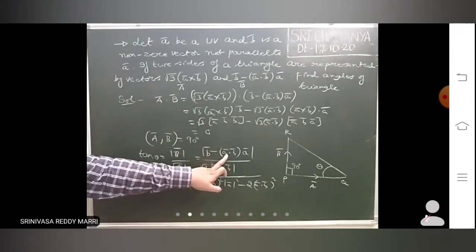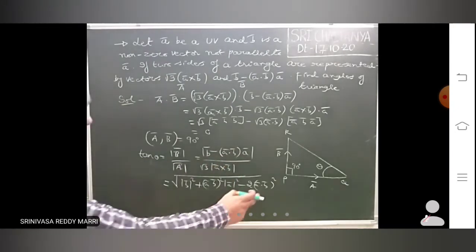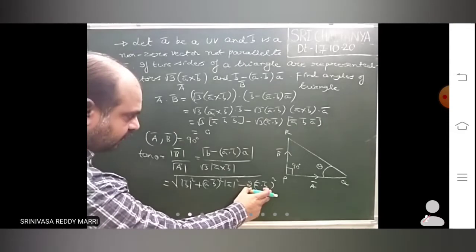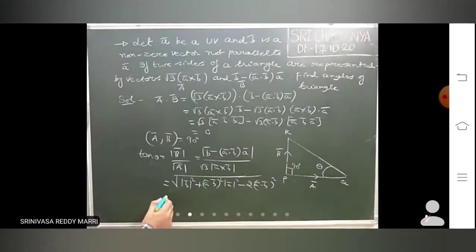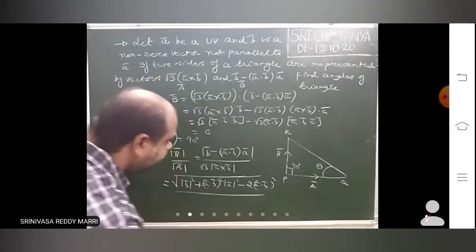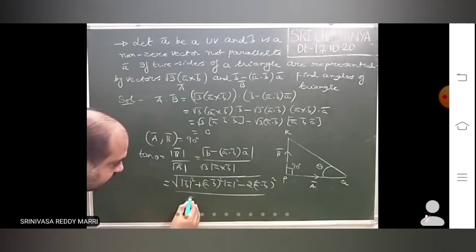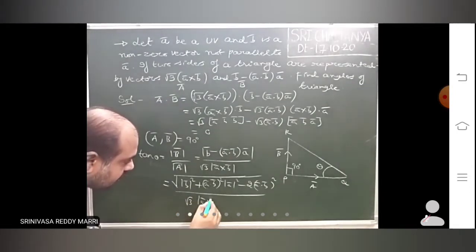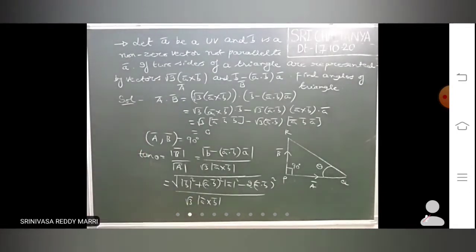So we will get A bar dot B bar whole square, divided by root 3 into modulus of A bar cross B bar.